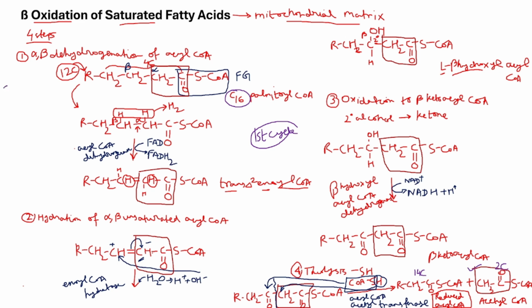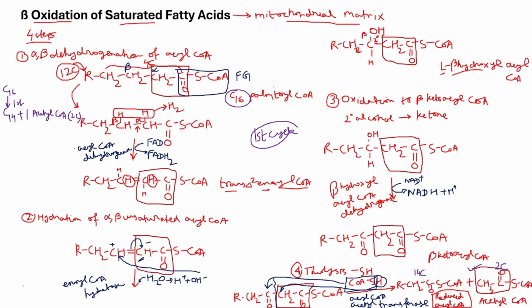So one cycle starting with C16, it reduces to C14, plus one acetyl CoA molecule, which obviously has two carbon atoms. So this is the first cycle.